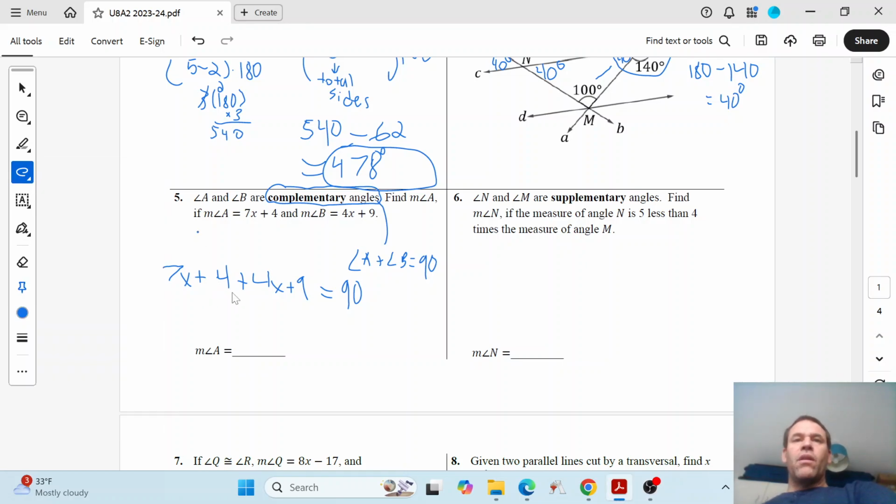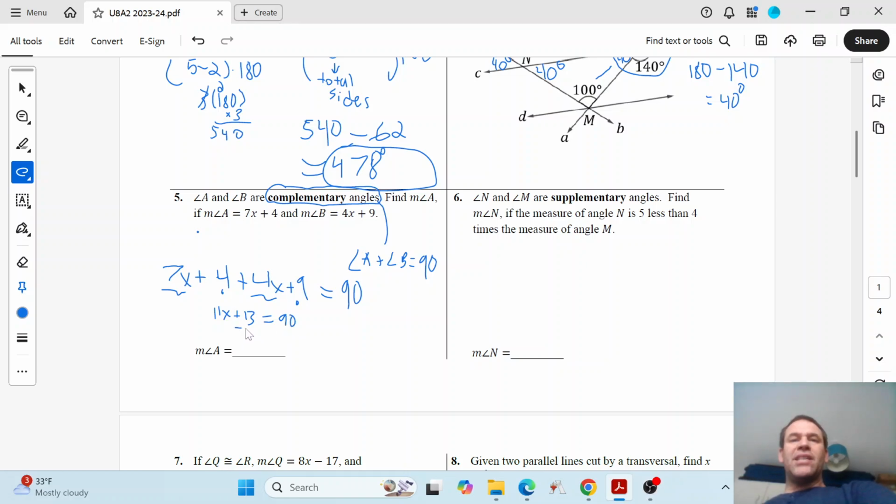So then we have 7x and 4x, which is 11x. And then we've got 4 and 9, which is 13. So those together equal 90.